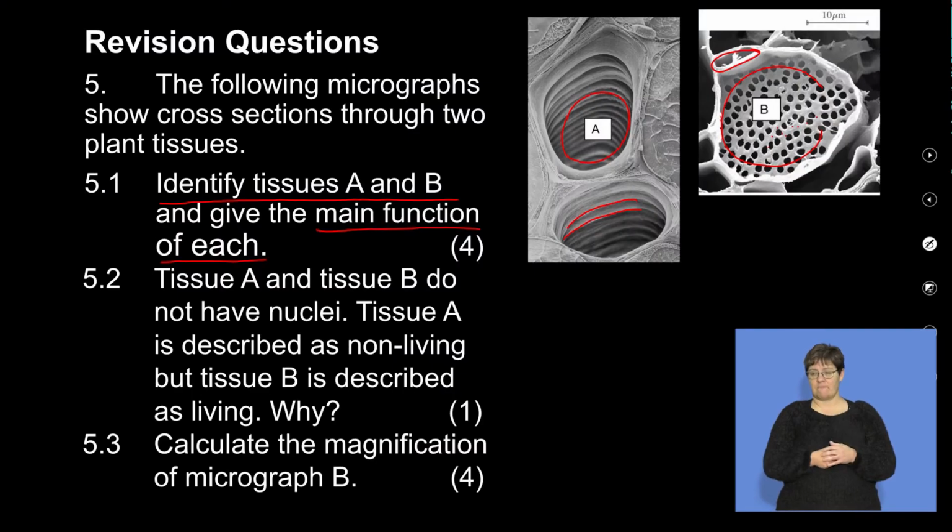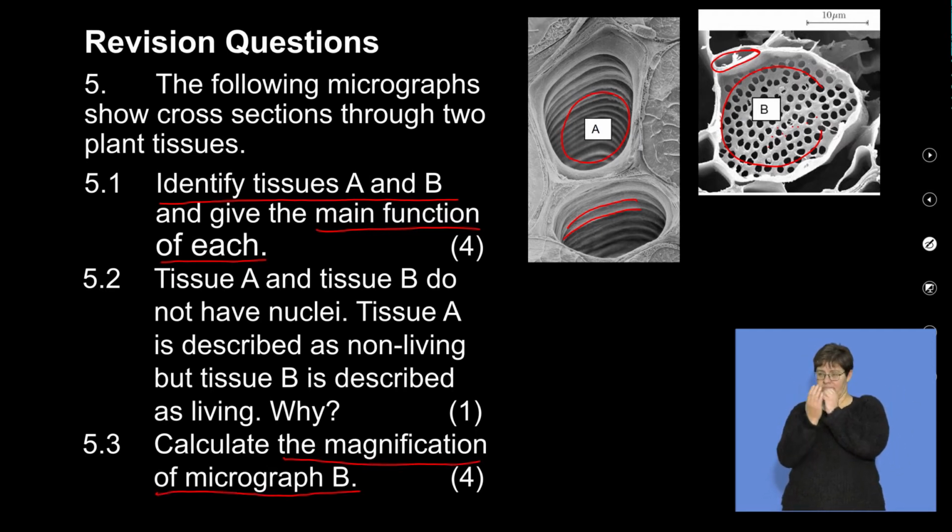And then the last question, calculate the magnification. And this is actually a question from your section on cells, but very often they bring in some questions on cells into the questions on plant tissues.